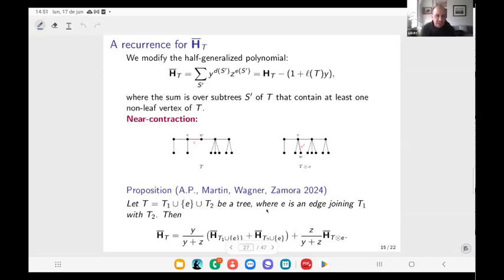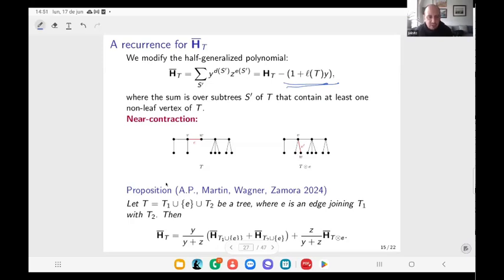What we can show is that there is a recursion for the half generalized polynomial. First we have to make a little adaptation: we have to subtract this term that is counting trivial trees. We don't want to count these trivial trees that don't contain internal vertices of T.